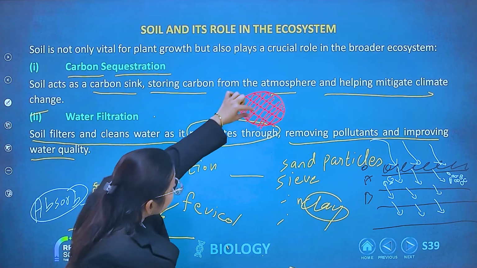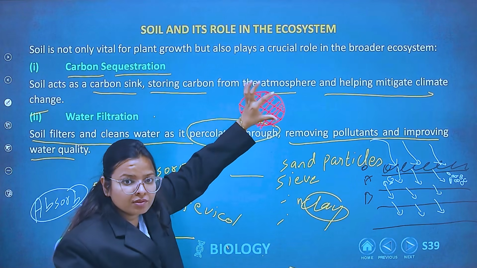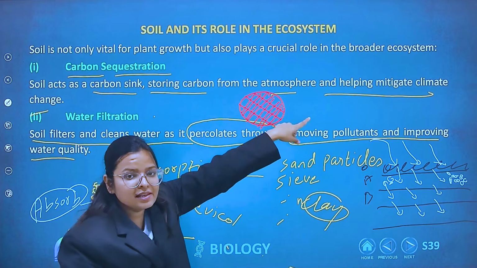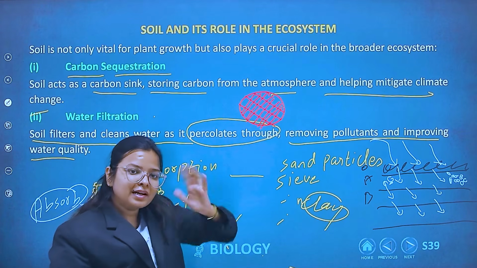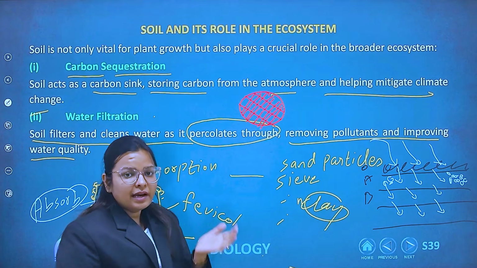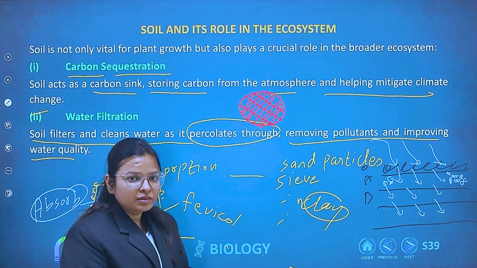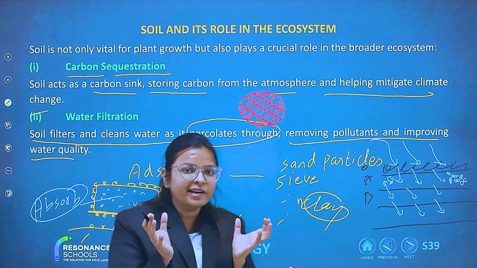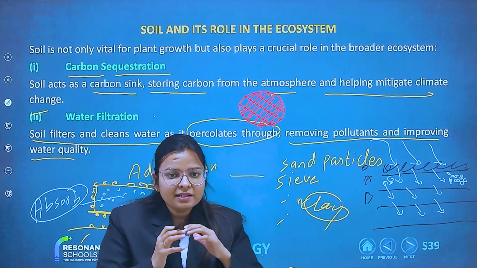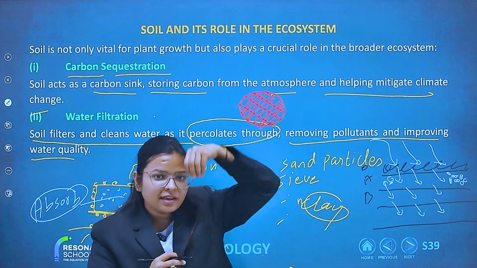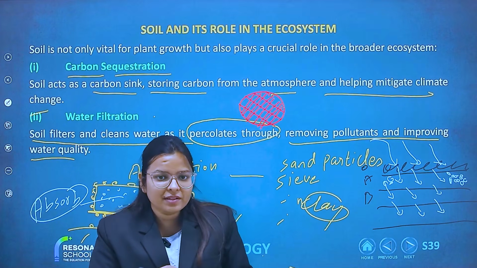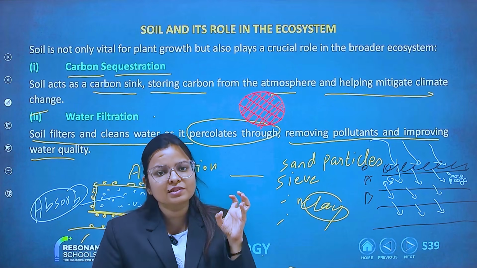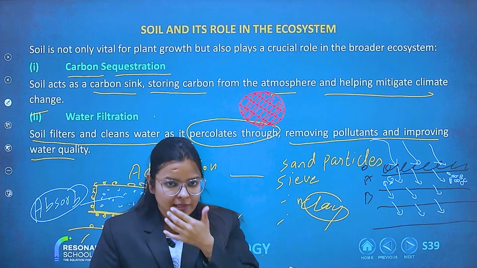So the particles which are larger than this pore cannot go through this layer. So sand particles are doing like that. They act like a sieve. They act like a filter. Because sand particles are already large, the particles larger than sand particles cannot go through between the sand particles. So they are removing the larger particles, larger impurities.